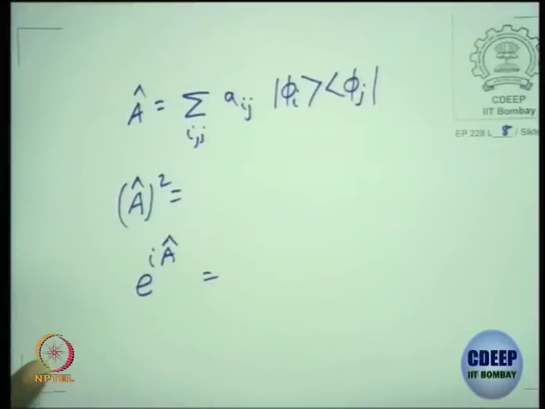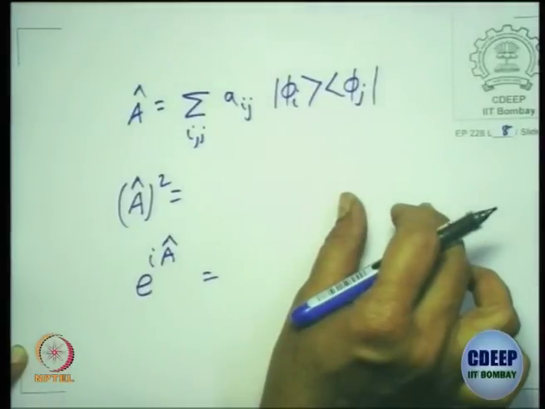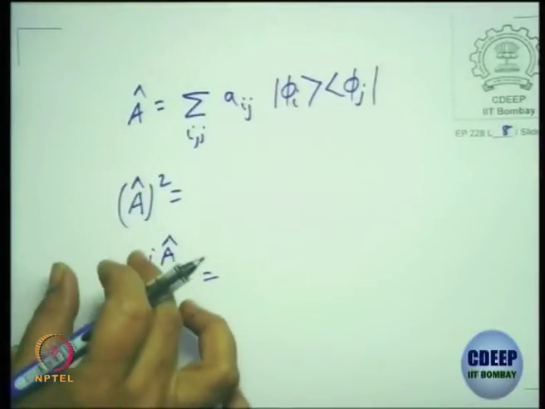What is it? A squared is repeating this. You can put two different indices and do this, right?